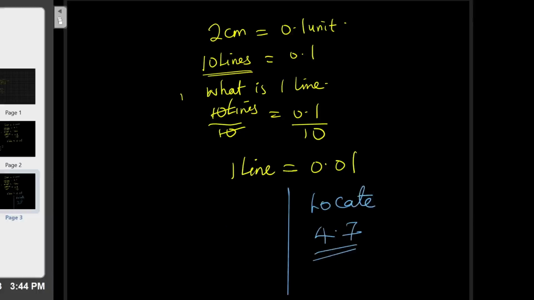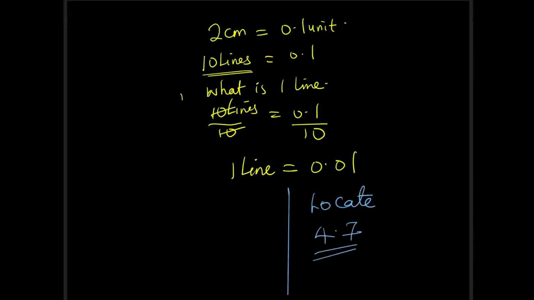Okay, sorry. We are asked to locate that place. Now, what I will do is to say that since 1 cm is 2, it means that 5 lines is 2, right? That means one line is going to be 2/5.